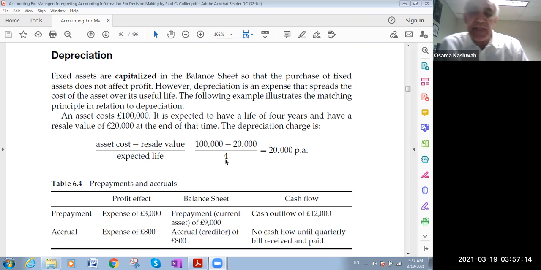So if we expect that a car will live for about 4 years, we will say the asset's cost minus the resale value or the scrap value, divided by the number of years.